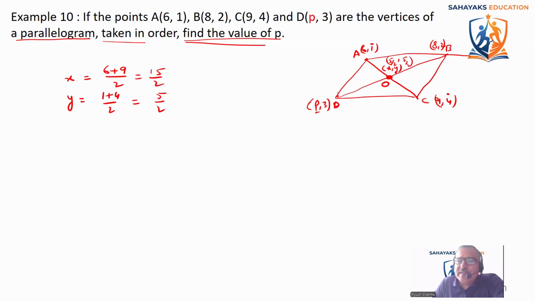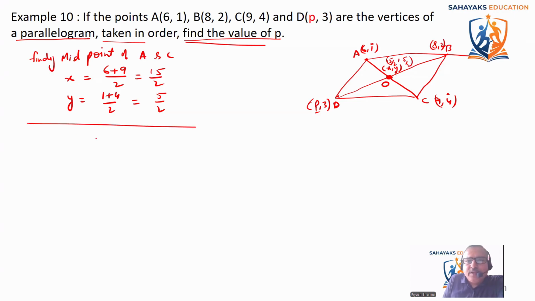Now we know between D and B, initially we were finding the midpoint of A and C, that is O, x, y. So we found the value of O. Now we have to find with the same proportion formula.